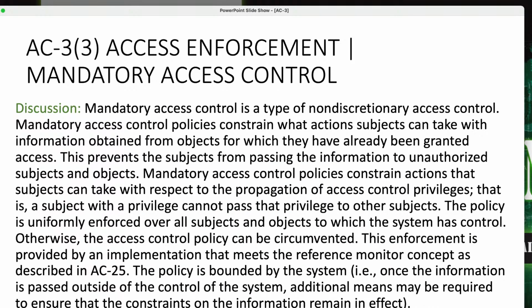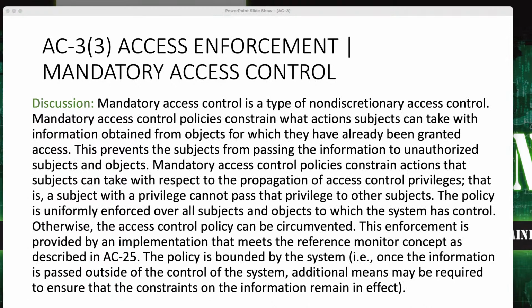So this enhancement, AC-3 Enhancement 3, is probably the big one. This is the one we really want to think about today. I'm going to maybe shrink my screen down just a tad so you can see it. Mandatory Access Control, or MAC.